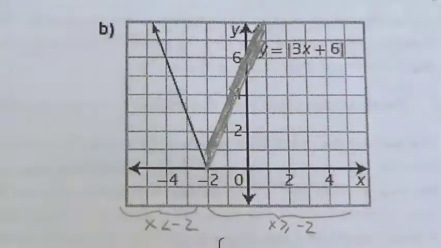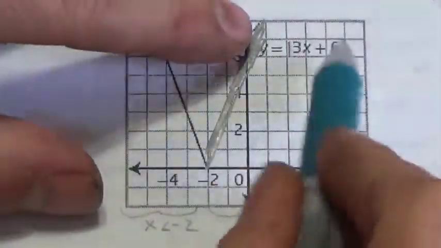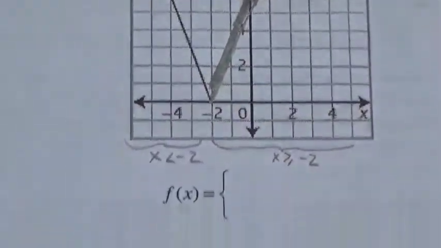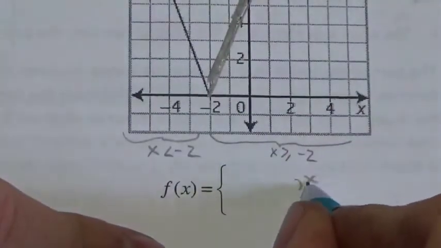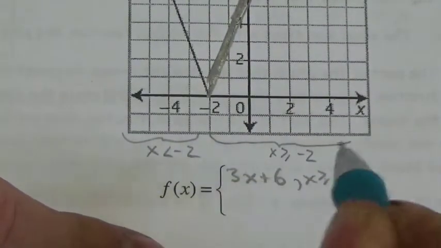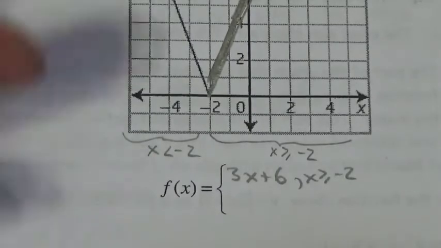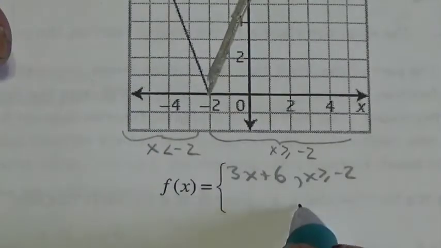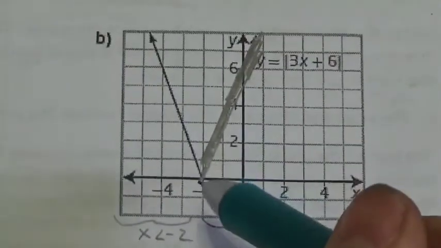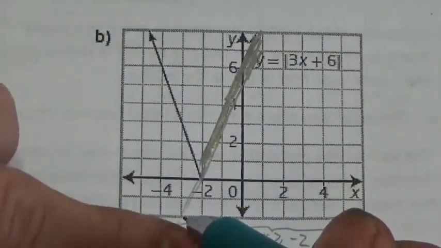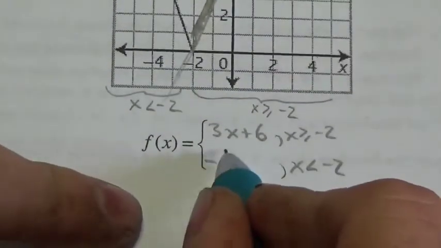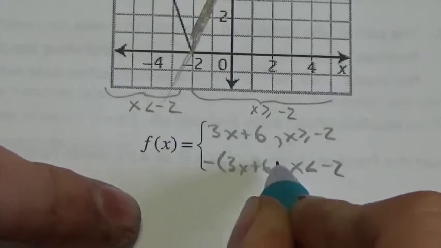So what I'm saying is that's where the absolute value function overlaps the function that doesn't have the absolute value. So when x is greater than or equal to negative 2, this function is simply going to be 3x plus 6. But when x is less than negative 2, the original function would have dropped straight down, but this function's been flipped over, so what the absolute value has done is thrown a negative in front.